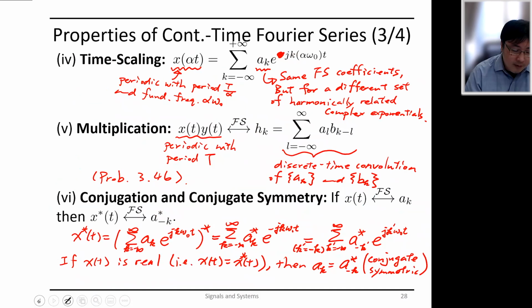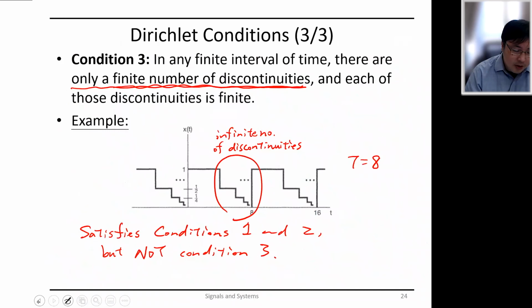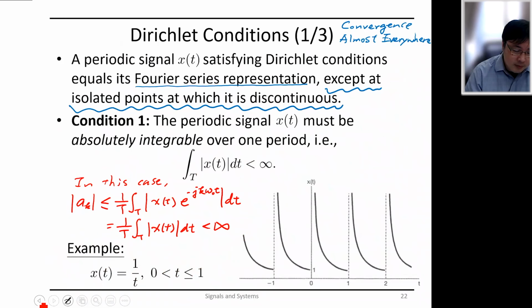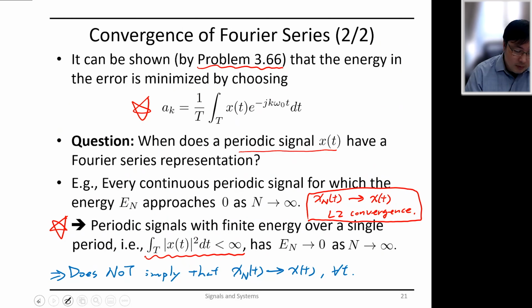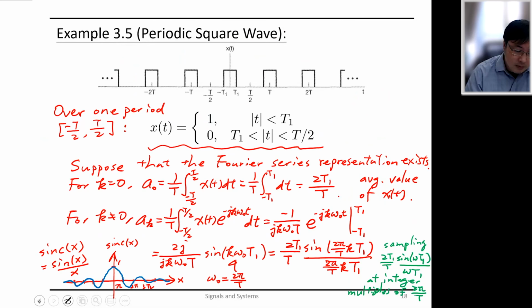Example 3.5 is the case of periodic square waves. But for the particular example that we're looking at, here we will have t1 equal to 1 and capital T, which is the period, equal to 4.